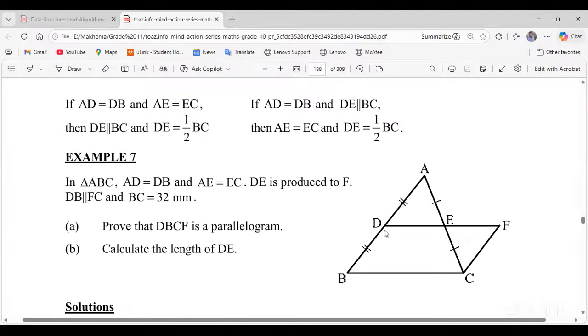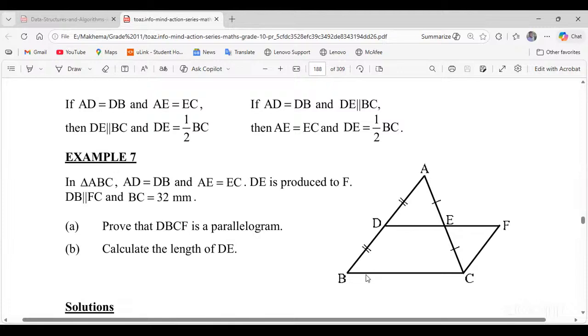And then DB, why do they say DB is parallel to FC? This is DB. Can this be parallel? Oh, yes. We are also given that DB is parallel to FC and BC is 32 millimeters.